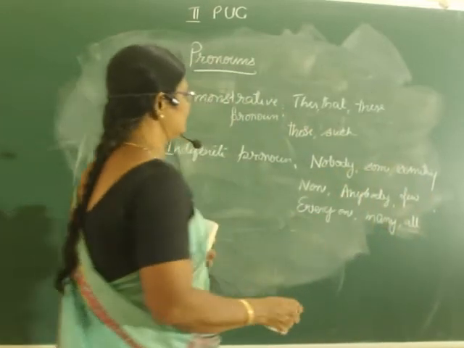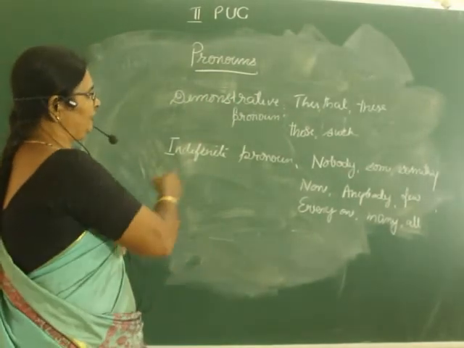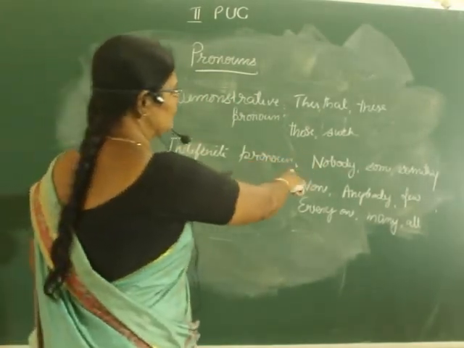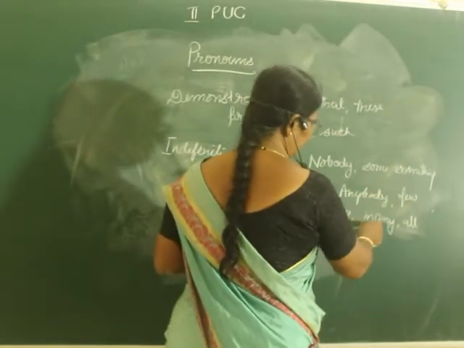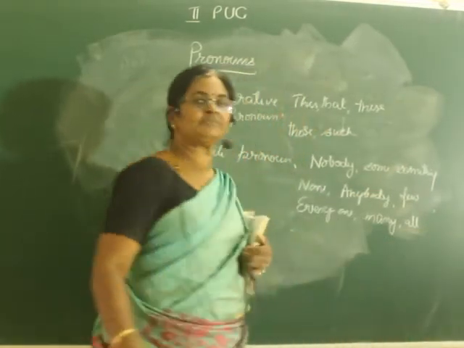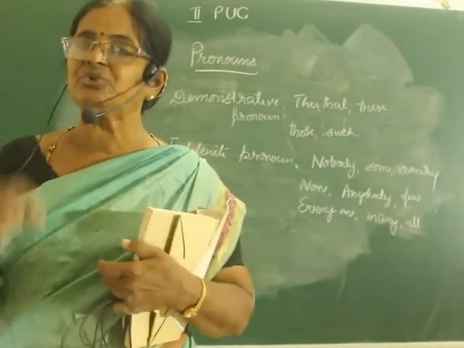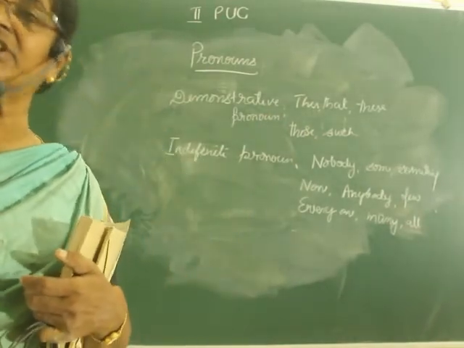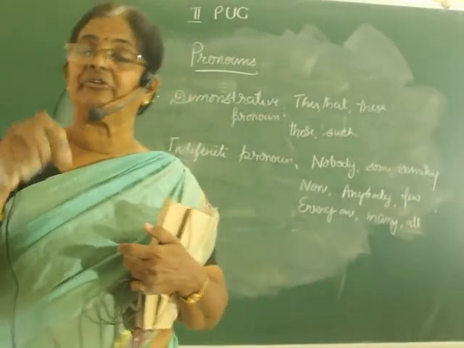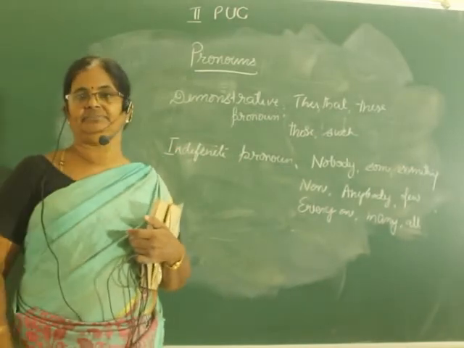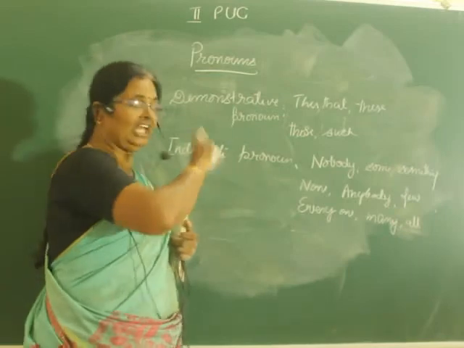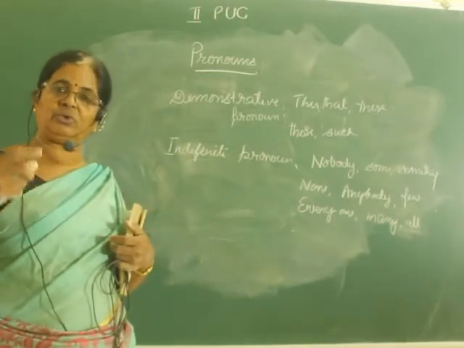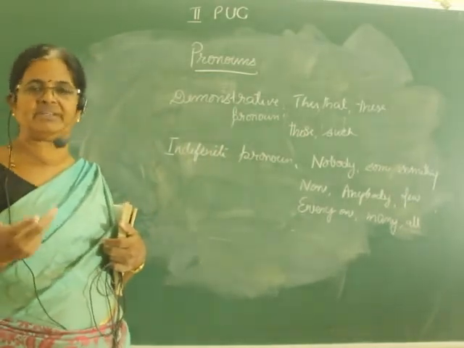In these indefinite pronouns, nobody, some, something, none, anybody, few, everyone, many, all, we are not going to mention any particular person or any particular group. Maybe a group, or more, or maybe single.